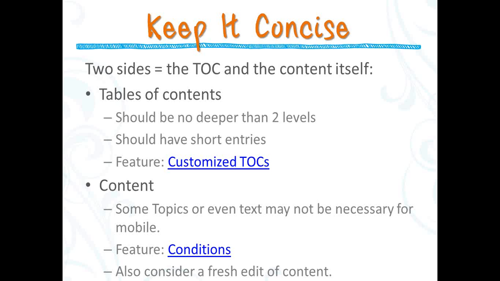So DocToHelp gives you a way to handle that. And one thing to think about, if your content hasn't had a good copy edit in a while, you may want to consider doing an editing pass so that you improve the clarity and usability of all your outputs, not just mobile, because being concise is good in all outputs.